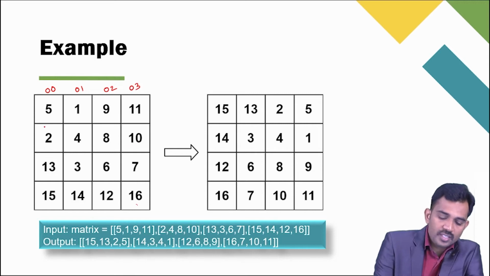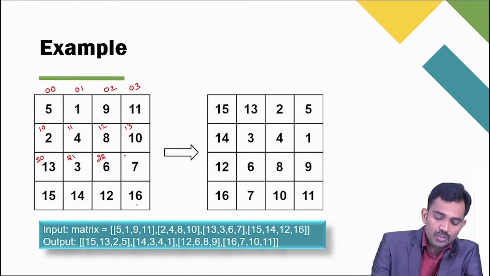This one is 10, 11, 12, 13, right? 20, 21, 22, 23, right? 30, 31, 32, 33.